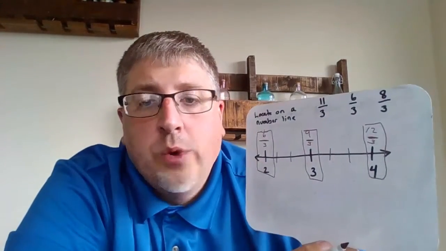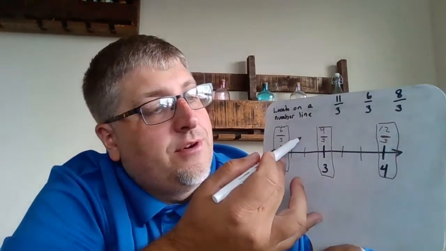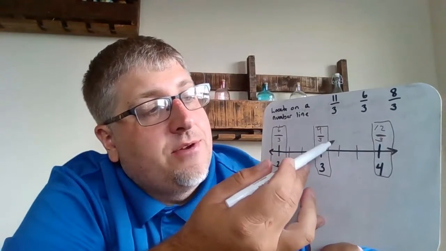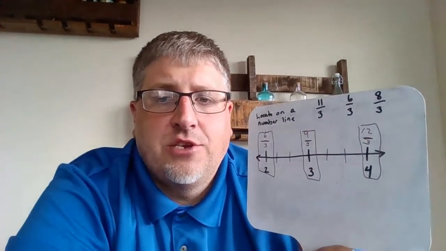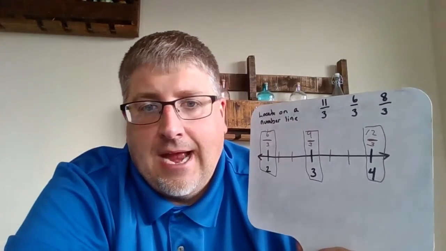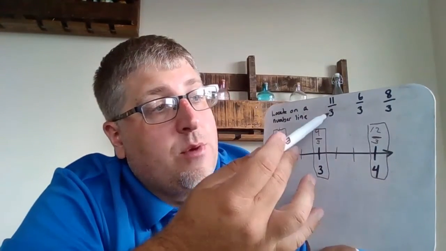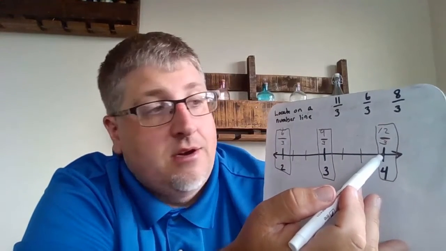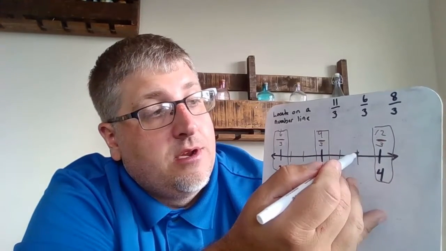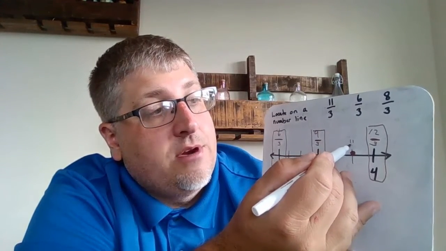We can go in now, if we really wanted to, and put 7 thirds, 8 thirds, 9 thirds, 10 thirds, 11 thirds. We can plot all those points if we want to. I'm just going to use it as is, and I have enough here on my number line to help me. The first plot we want to do is 11 thirds. Here's 12 thirds right here. I'm just going to count backwards, and that will give me 11 thirds right there.